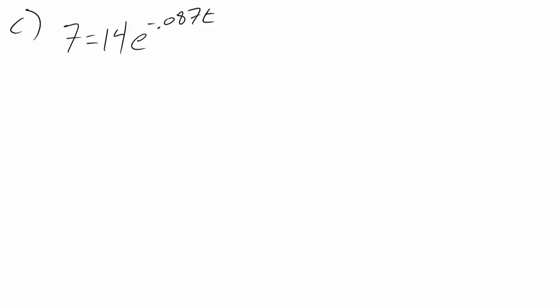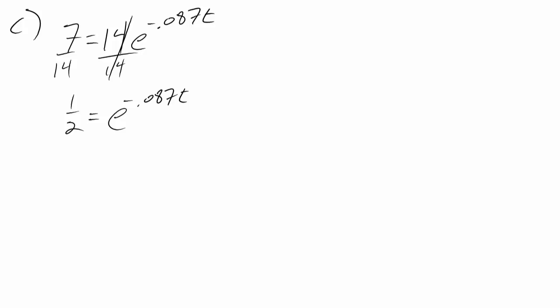Okay, so we're trying to solve for t, and that means we want to isolate t as much as possible. So our first step here is going to be to divide both sides by 14. So we're left with 1/2 equals e^(−0.087t).